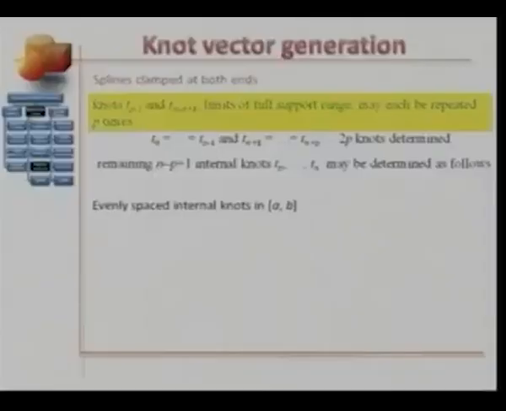They can be either evenly spaced in the interval AB, which would mean that the first p knots T0, T1, T2 up till Tp minus 1 equal A, and the intermediate knots given by Tj plus p minus 1 can be computed as A plus (B minus A) times j over n minus p plus 2.